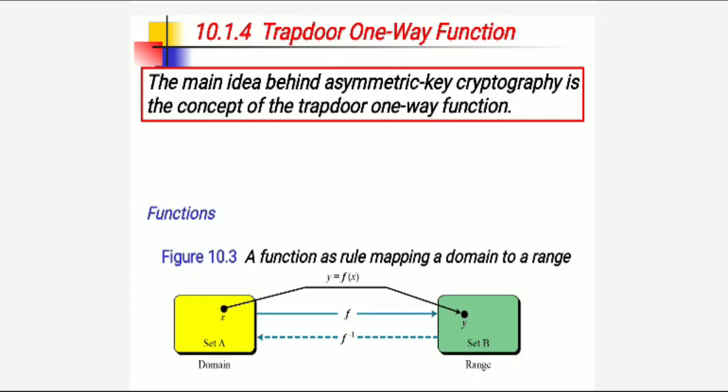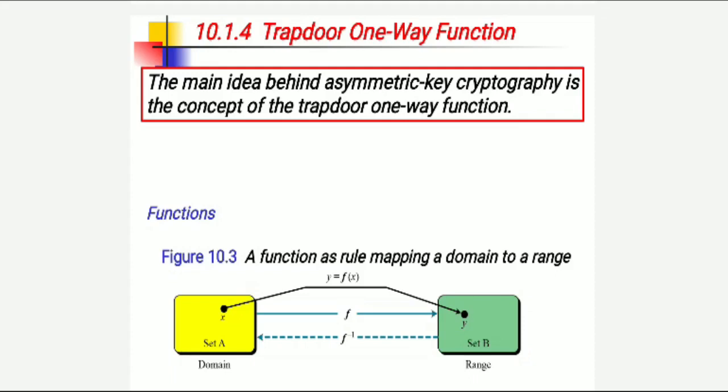The set of values being mapped is known as the domain, and the mapped values are known as the range. A function takes values one by one from the domain and maps them to the range.